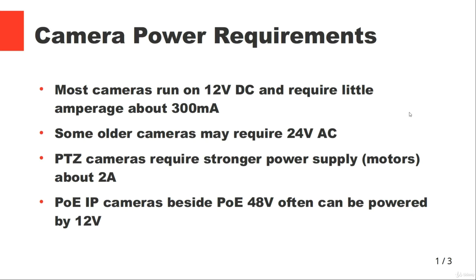Then you have IP cameras. An IP camera can be powered in most cases in 2 ways. It will have its own Ethernet cable connection, through which you can use PoE, which is power over Ethernet, which we'll be talking about later, and it gives around 48 volts.